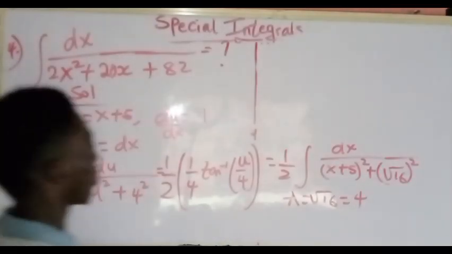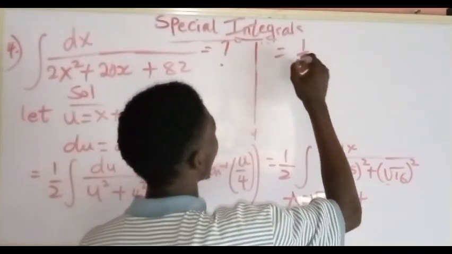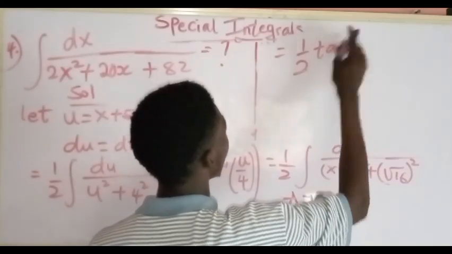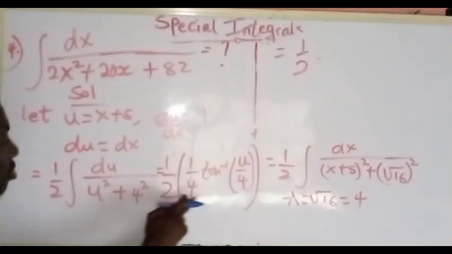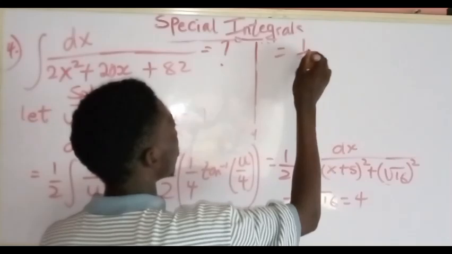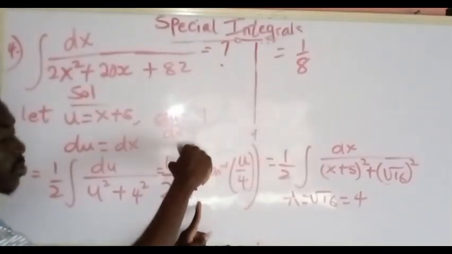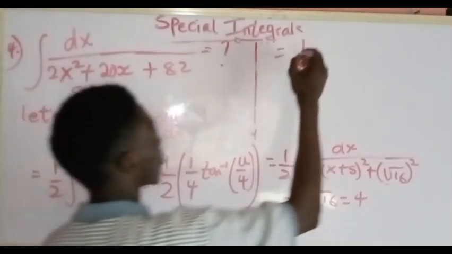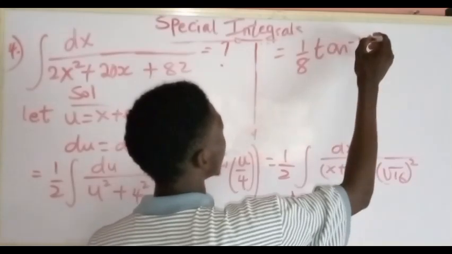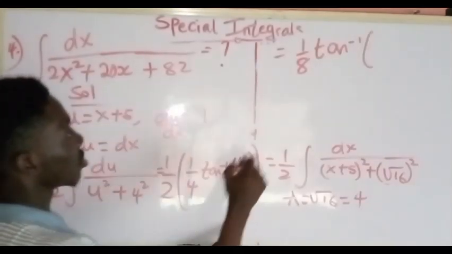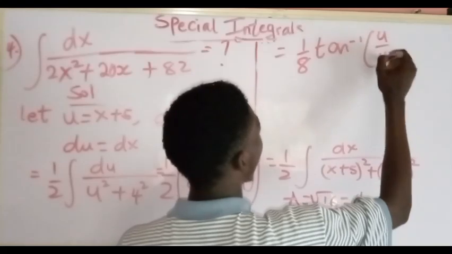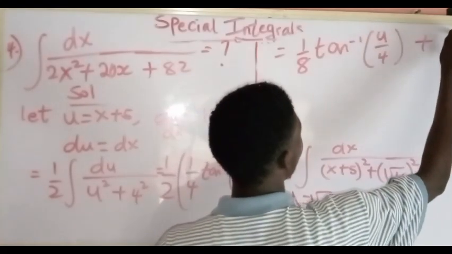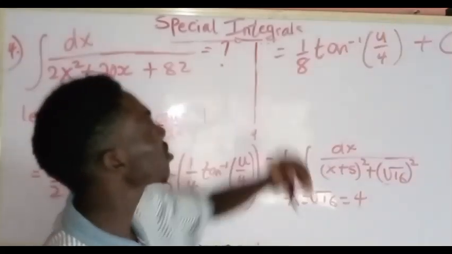From this, our final answer is 1 over 2 times 1 over 4, which becomes 1 over 8. 2 times 4 is 8, so 1 over 8 tan inverse of u over 4 plus c. But what is u?